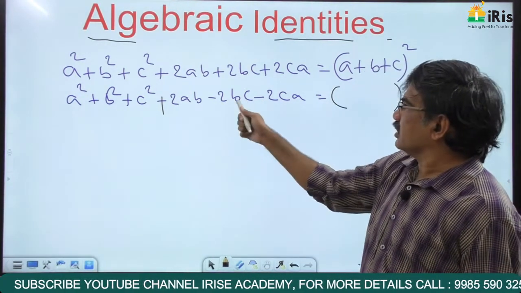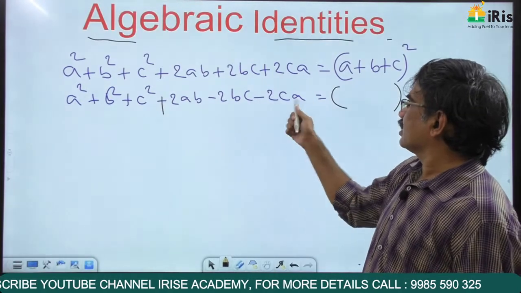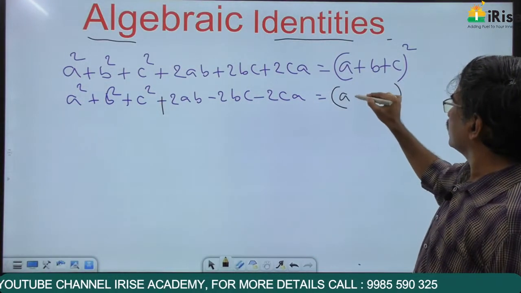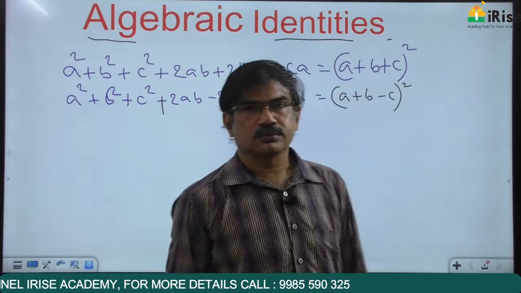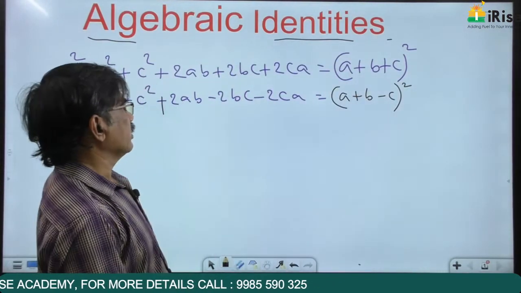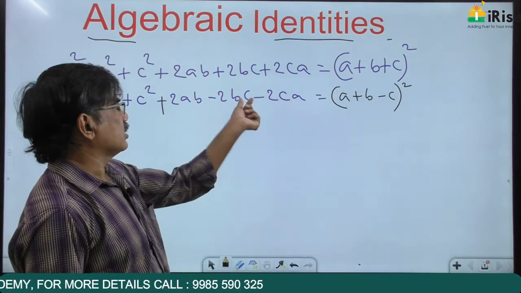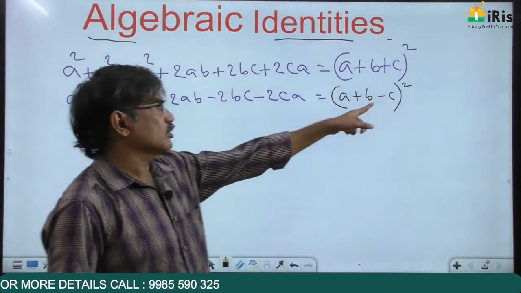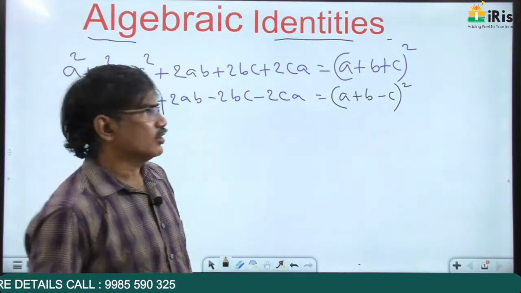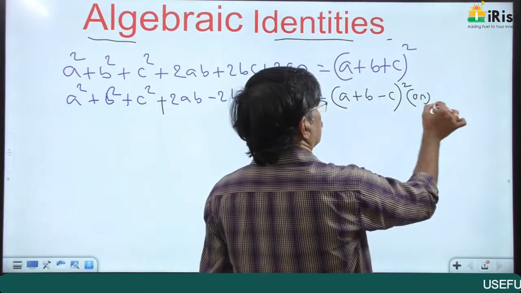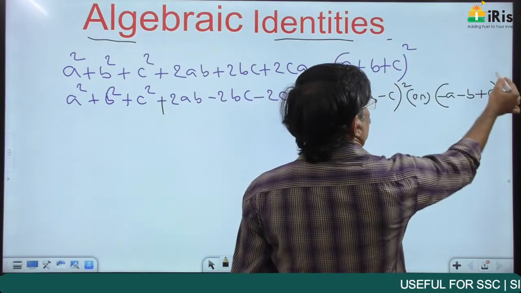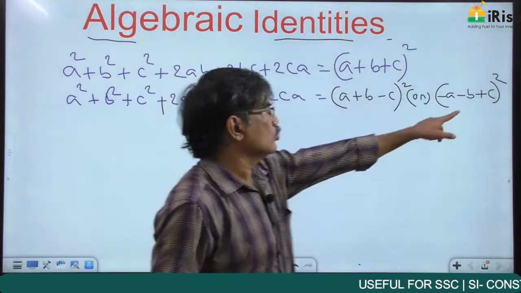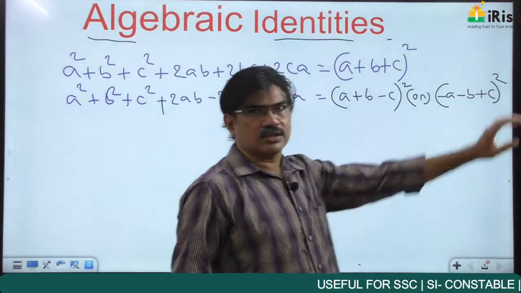Minus 2bc minus 2ca, common is c, so you can write it as a plus b minus c whole square. Okay, if bc, ca are negative, c is common, so put c as a negative. Or you can write this also, minus a minus b plus c whole square also, if c is more than a, b, you can write like this also.